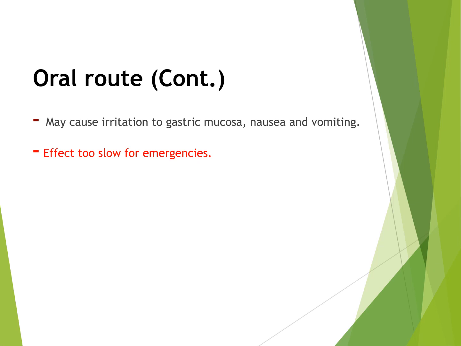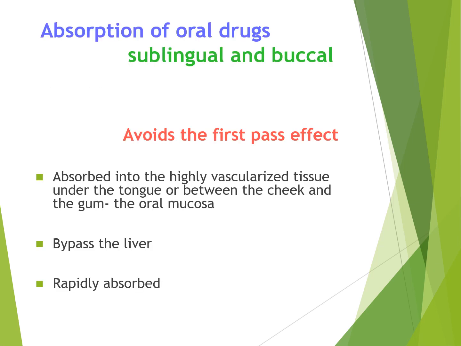So effect too slow for emergencies, right? So again, PO routes of medications, you see it takes time, of course, for absorption, metabolism. Again, sits in the stomach 30 to 45 minutes, right? So in a true emergency, where I literally only have minutes for a patient, my PO route is not what I'm going to use for an emergency. So we look at the absorption of oral drugs, right, sublingual and buccal.